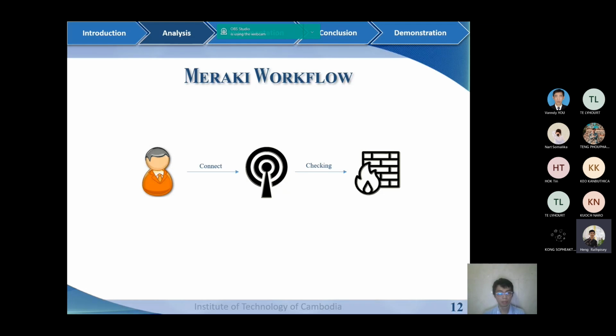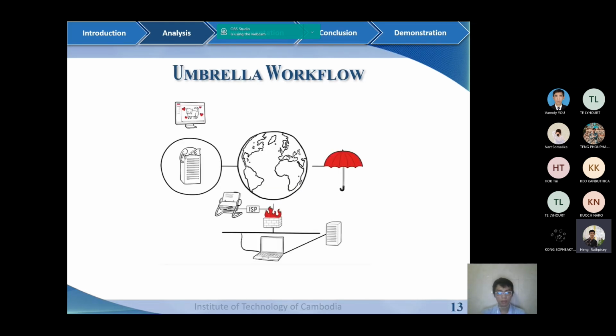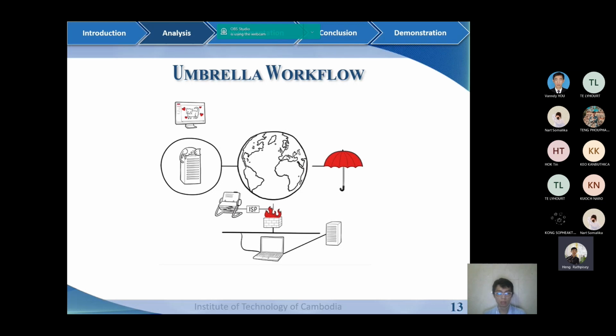And here is my multi workflow. If a user wants to go to the internet, they need to access the SSID by name and then follow the firewall rule. For the Umbrella workflow, if a user needs to go to a URL, they need to request Umbrella first to check the IP address and domain name, whether it is a good domain or bad.